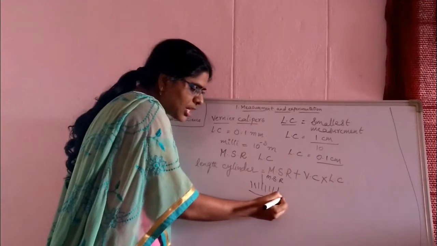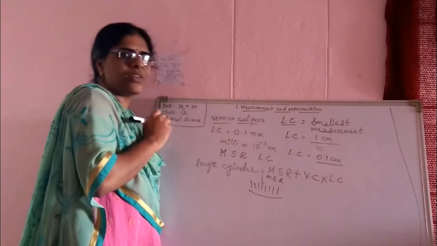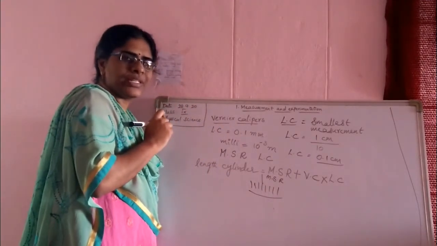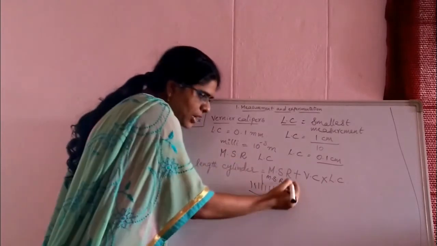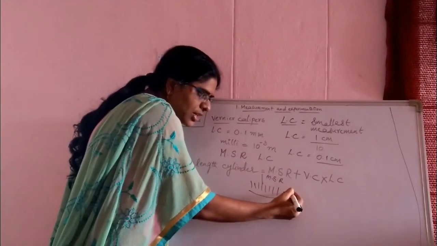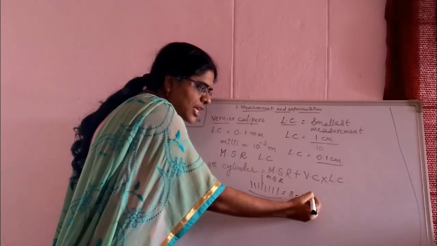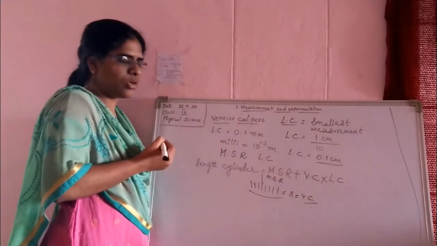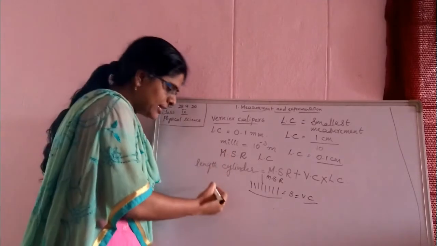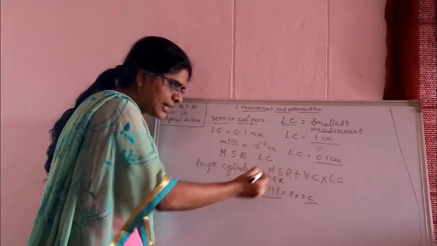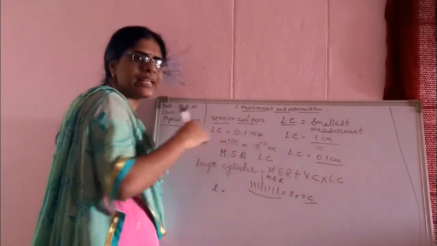Among these 10 lines, one line will be exactly coinciding. If it is the third line that is coinciding, then we call the vernier coincidence as 3.